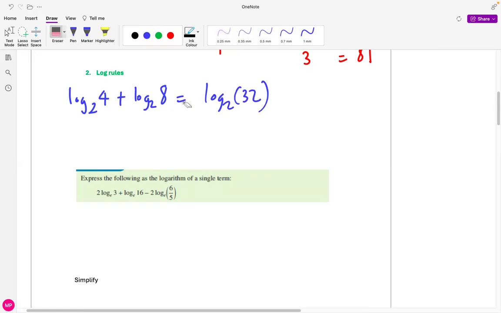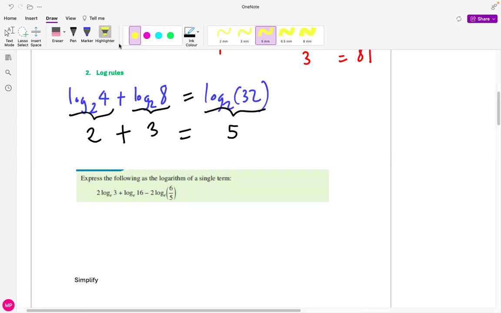Log 2 of 4 gives you 2, because 2 squared equals 4. Log 2 of 8, 2 to the power of something equals 8, which is 3. Log 2 of 32, 2 to the power of something equals 32, which is 5. So you can see 2 plus 3 equals 5, so they are equal to each other.